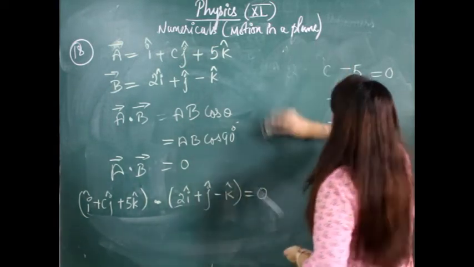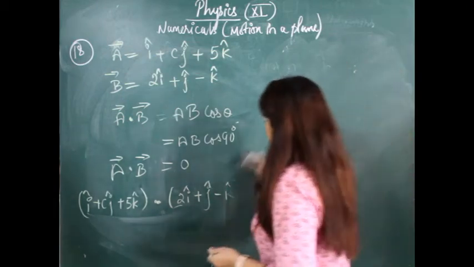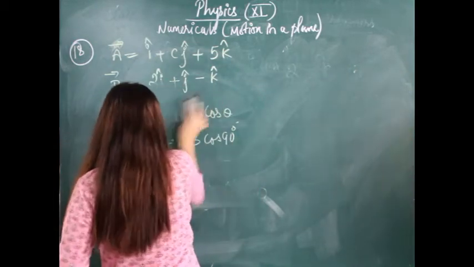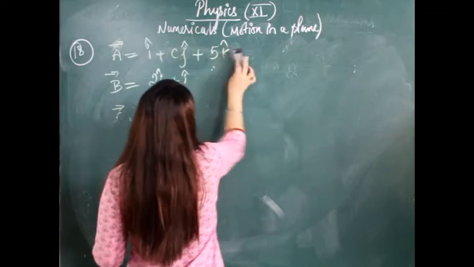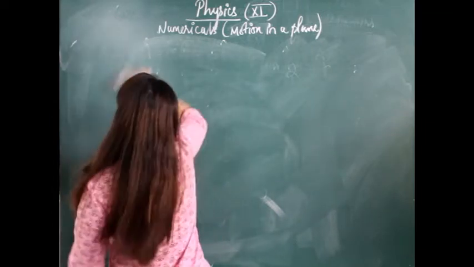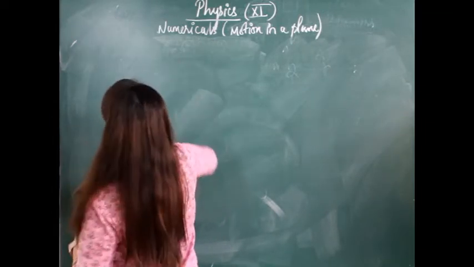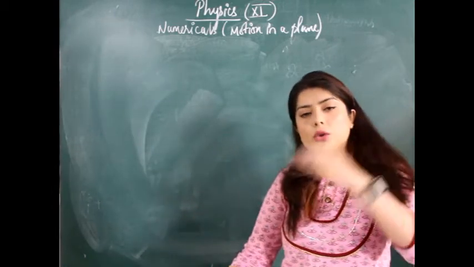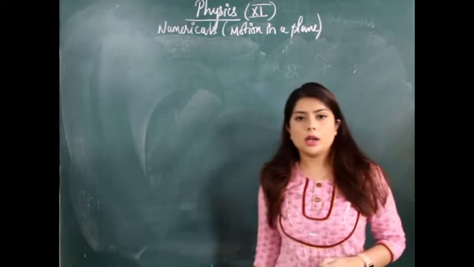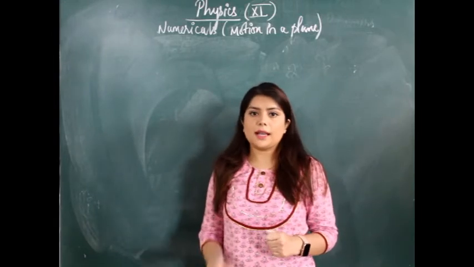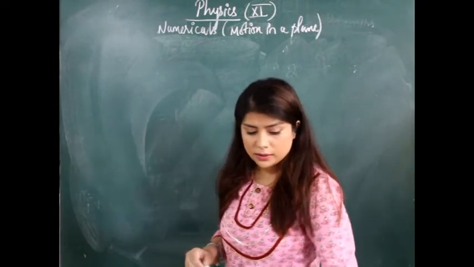Now question number 21. So dot is applied in between. One more thing, dot is applied in between when the solution is a scalar product. When the solution is a vector product, then we will apply a cross in between.